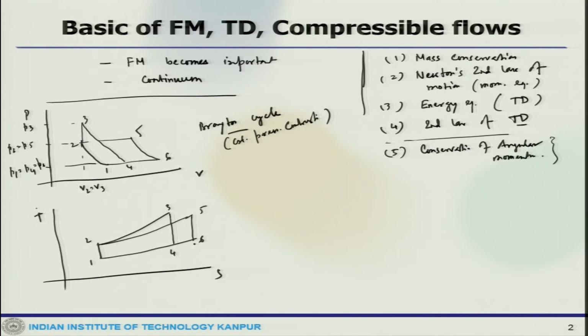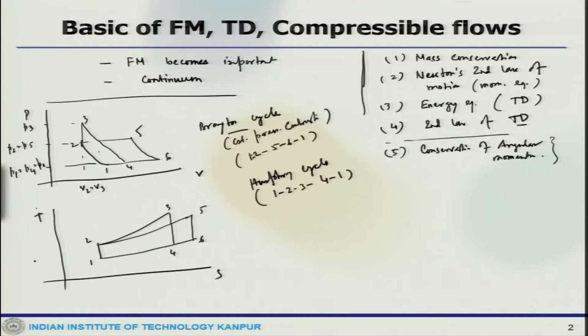So, this is 1, 2, 5, 6, 1. So, that is in the PV diagram. Now, when we talk about the Humphrey cycle, it is 1, 2, 3, 4, 1. So, this portion is the Humphrey cycle in the PV diagram. And this is the TS diagram.